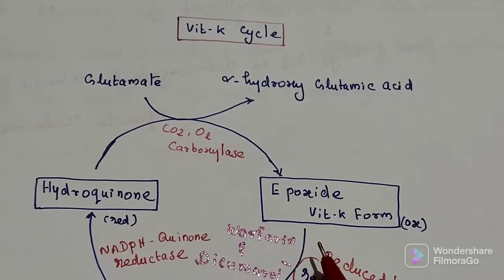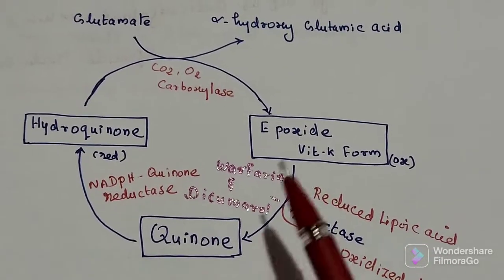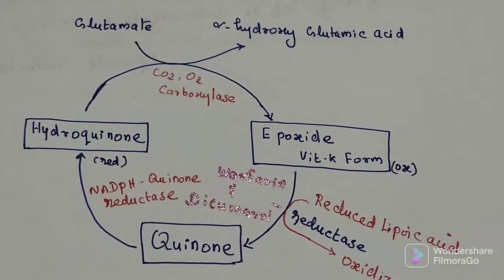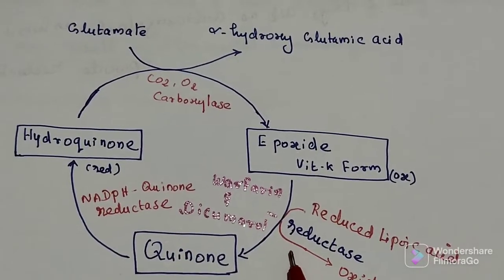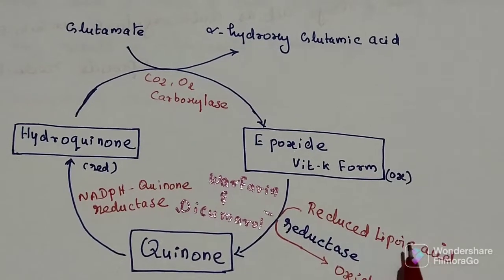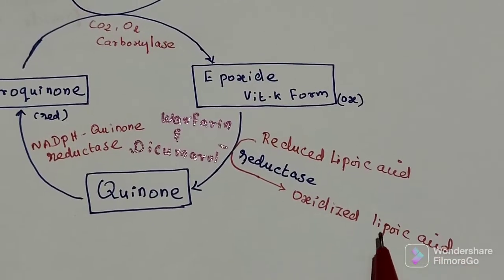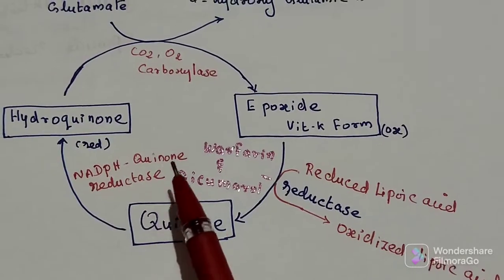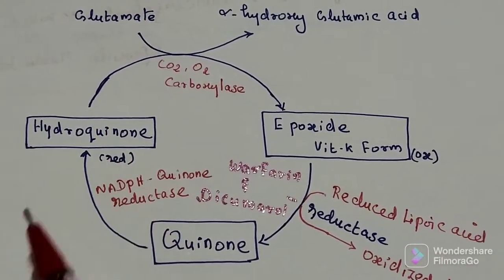The epoxide form is converted into the quinone form with the help of the enzyme reductase, and this requires reduced lipoic acid, which is converted into oxidized lipoic acid. With the help of NADPH quinone reductase it is converted into hydroquinone.